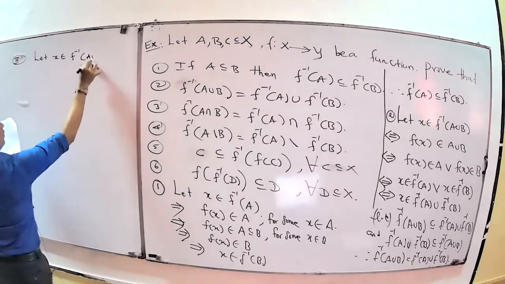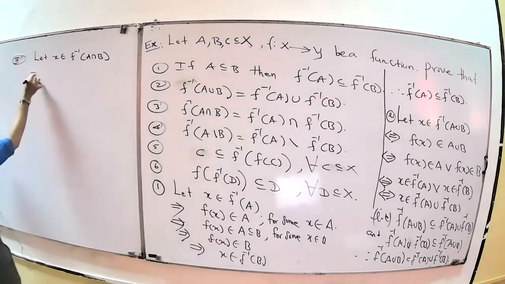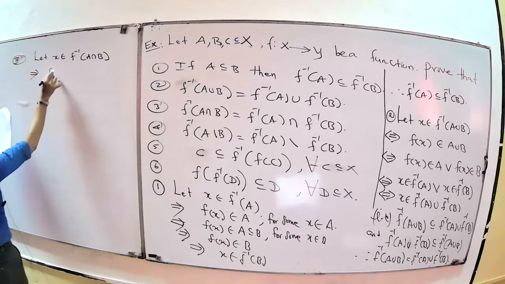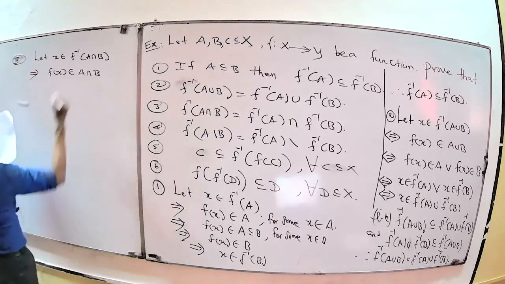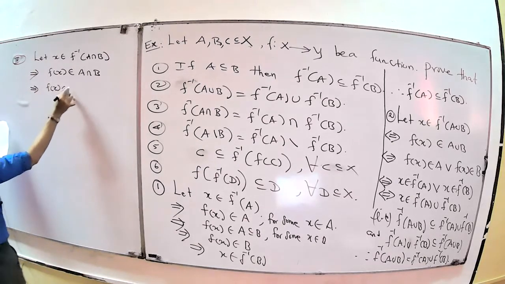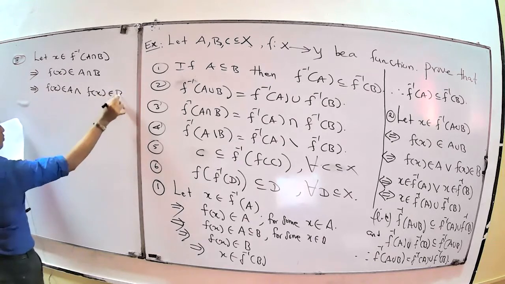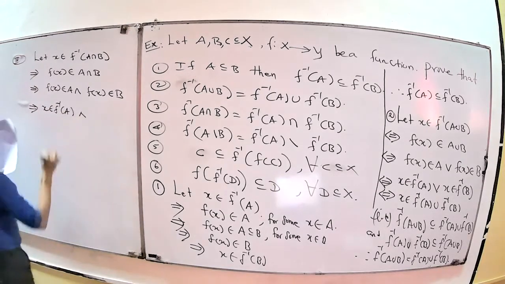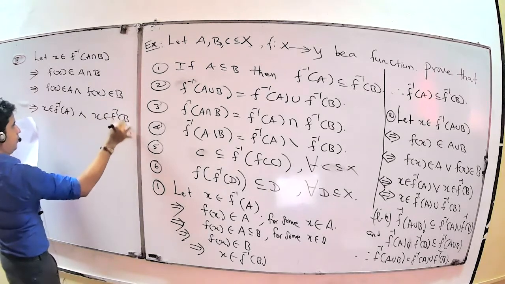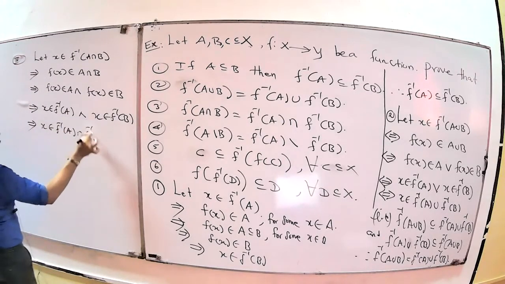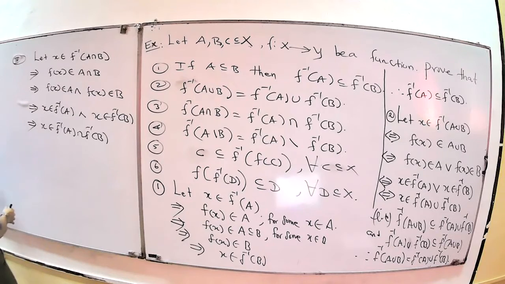You will take A intersection B. This implies f of x belongs to A intersection B. This implies f of x belongs to A and f of x belongs to B. This implies x belongs to f inverse A and x belongs to f inverse B. This implies x belongs to f inverse A intersection f inverse B. And the reverse part is also true.